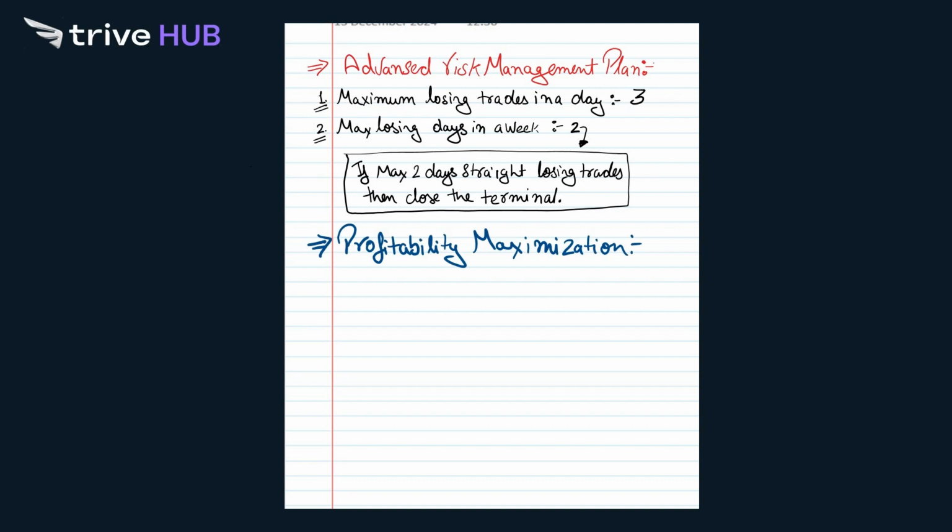Next is profitability maximization. So till now in the fixed trading plan we have covered how you can manage it and how you can manage the risk, but now you also have to plan for profitability maximization. And how you can do it is you can note down what your target level techniques will be, how you are identifying the targets.